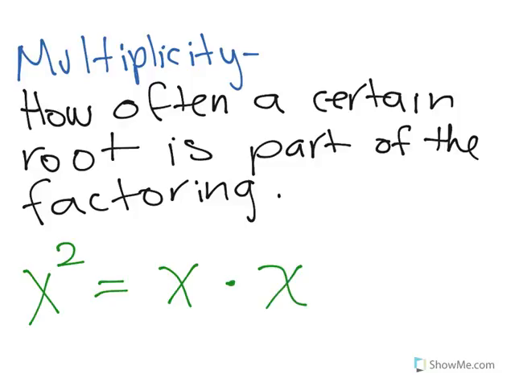If we were to do this, then we would find that the zero for x is 0 and the zero for x is 0. So here we find that 0 comes up in 2 of the factors. So in this case, in x squared, 0 has a multiplicity of 2.